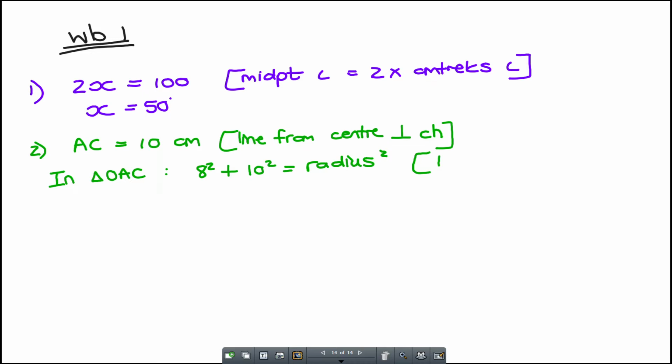Okay, why could I say that? Because of Pythagoras. So that 8 squared plus 10 squared gave me 164. So square root of that.